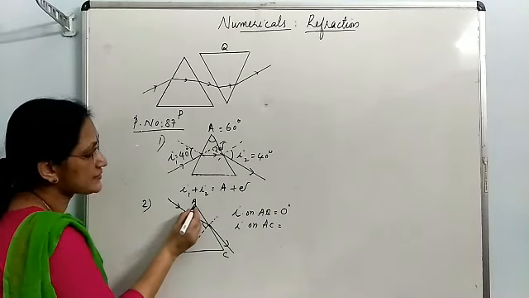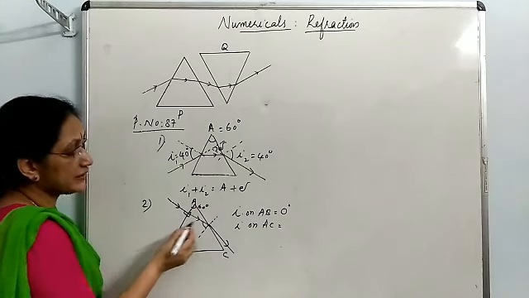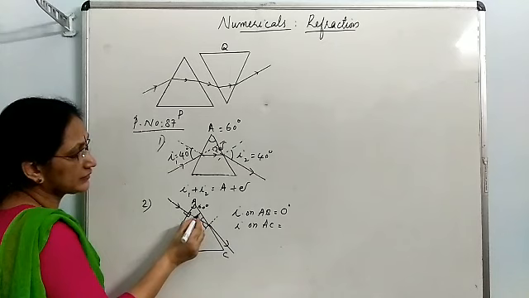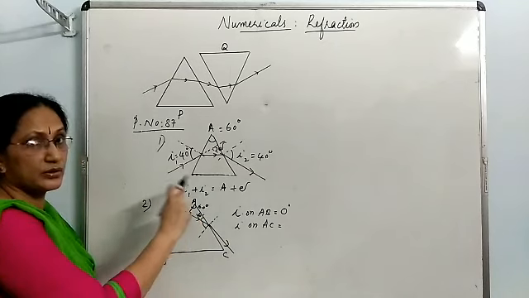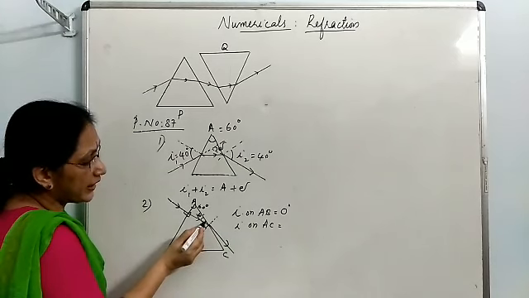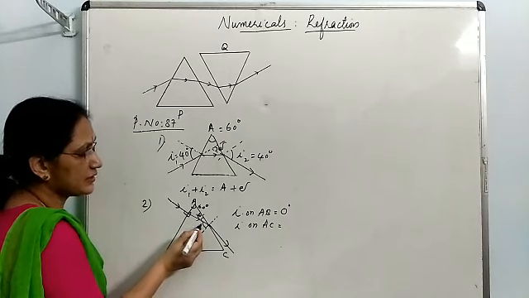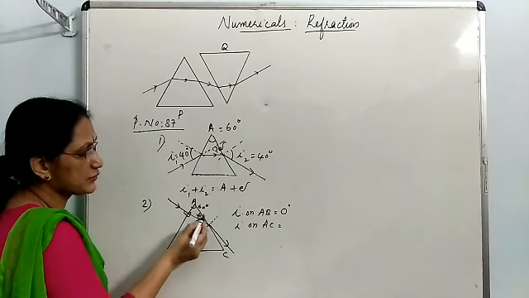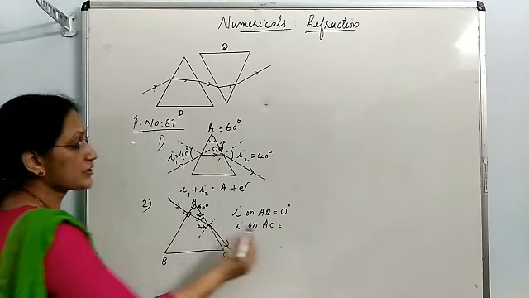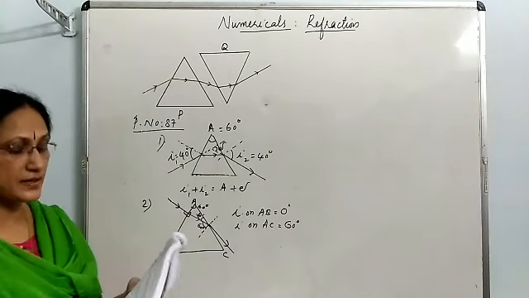So this angle is 60 degree. This angle is 90 degree. So what will be this angle? 30 degree. Total of 3 angles is 180. Then this total angle is 90 degree. Out of that this much is 30, so remaining is 60 because total must come as 90. So on face AC angle of incidence is 60 degree.